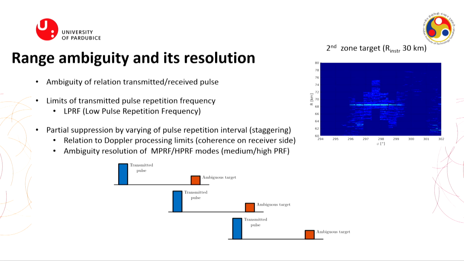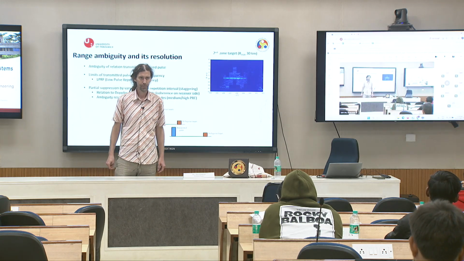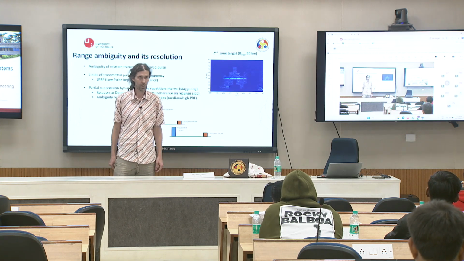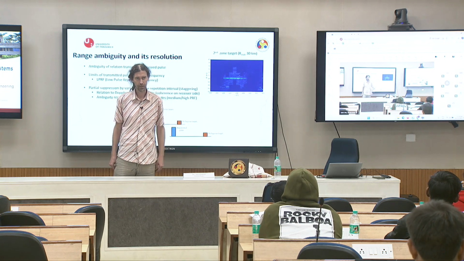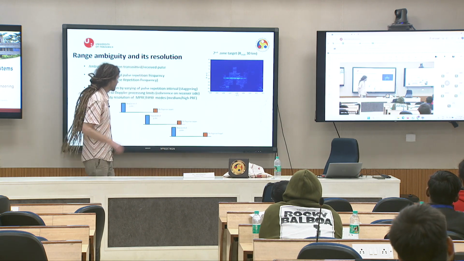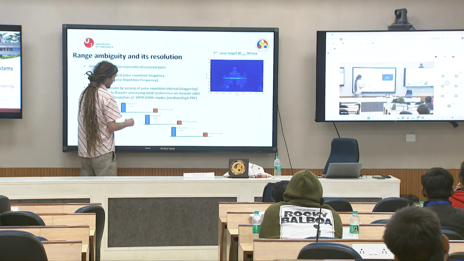Of course, this is a time delay, but I will recompute it to range. But I can identify this target as a target that is 5 kilometers away from me. And you will be surprised: no, it is 60 kilometers, but my radar told me it is 5 kilometers. And it is wrong. So I think this is clear.